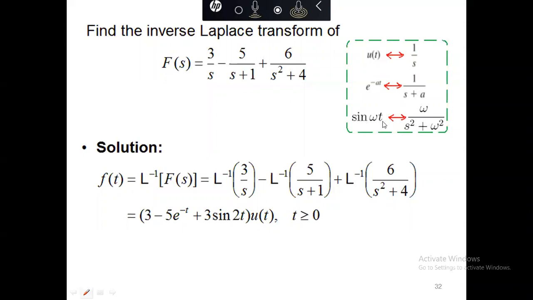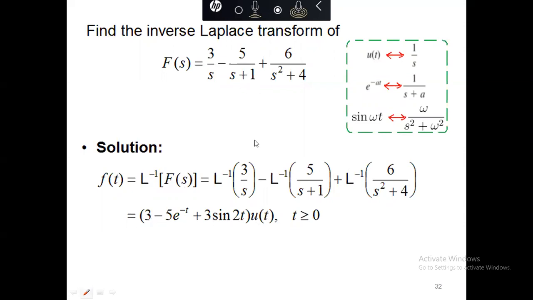And sine omega t u(t) makes a Laplace transform pair with omega over s squared plus omega squared. So these three functions are in fact F1(s). We take 3 common, and 1 over s has the inverse Laplace transform u(t). So that is 3 u(t).